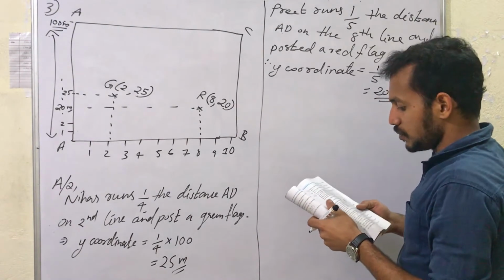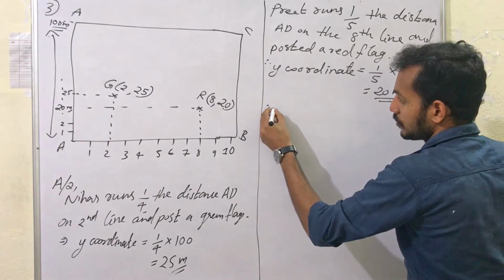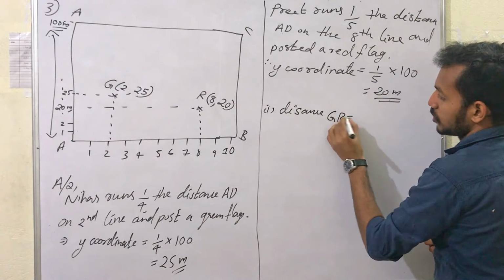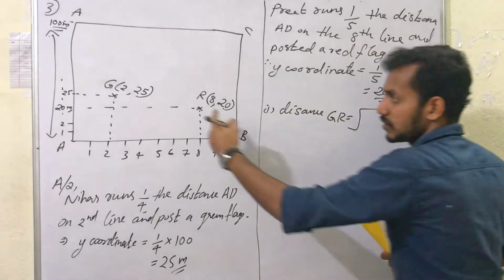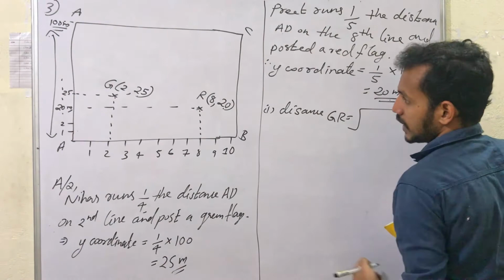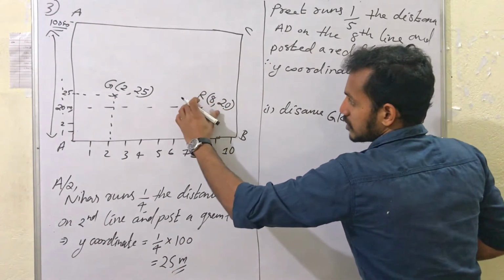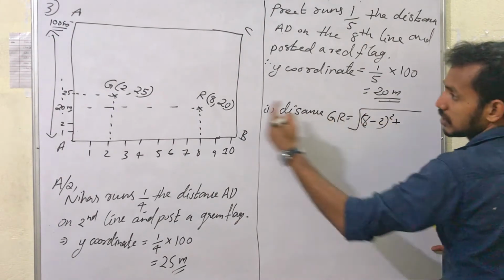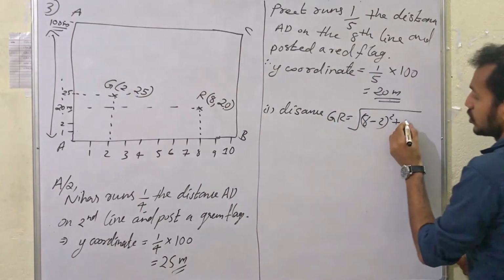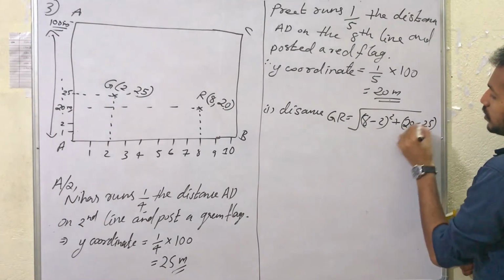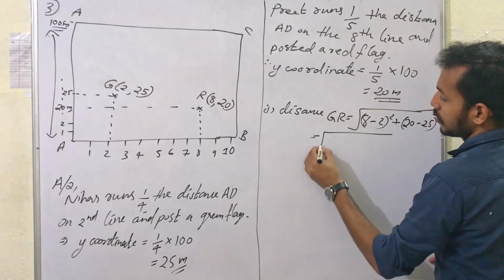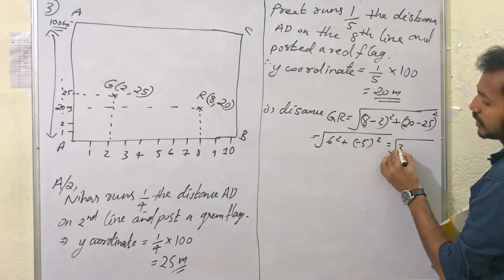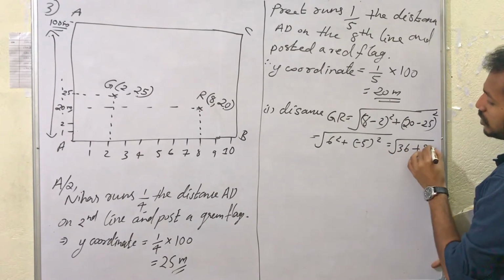Okay, what is the distance between both flags? That is the first question. Distance GR is equal to, we have to find the distance between G and R. Let's take this as the second point and this as the first point, so x2 minus x1, that is 8 minus 2 whole square, plus y2 minus y1 whole square, 20 minus 25 whole square, which is equal to 6 square plus minus 5 whole square. 6 square is 36, plus minus 5 whole square is 25.